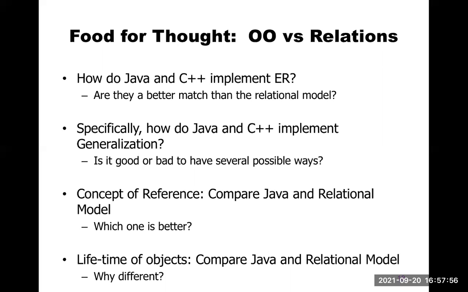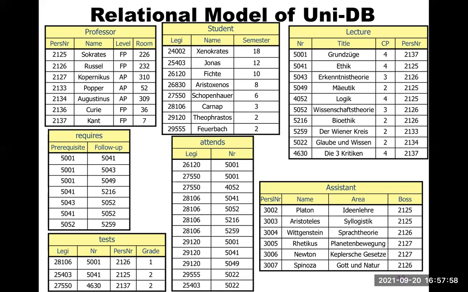So let's stop with this and look at the final relational model. So we have professors, we have students, and lecturers together with professors who give it, and assistants together with bosses.